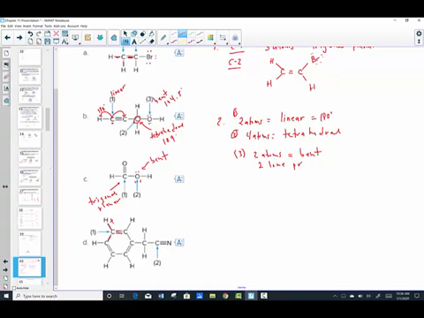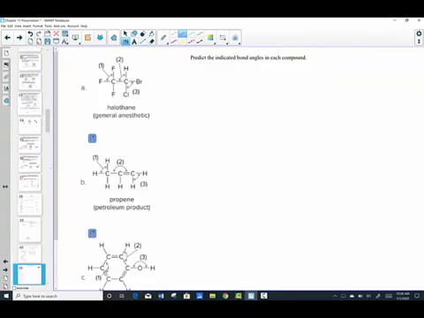So this is trigonal planar. Let's see, the second one here is leading to 2 different atoms, so this is linear. Are you doing well? Keep practicing enough to where you have these memorized.